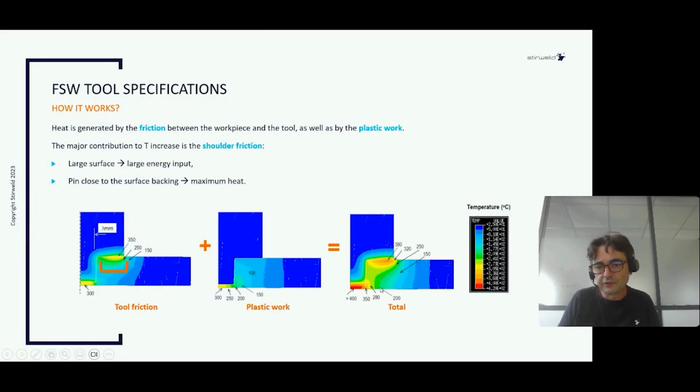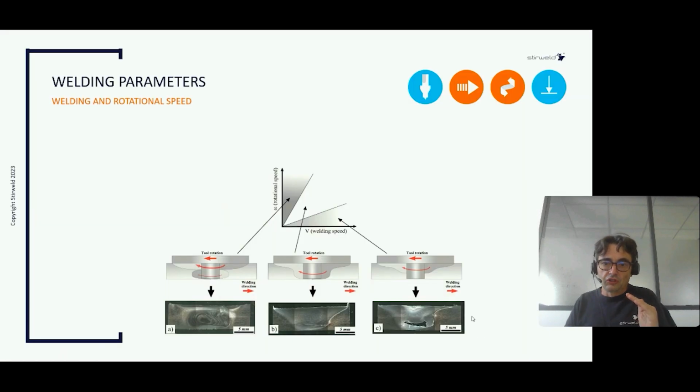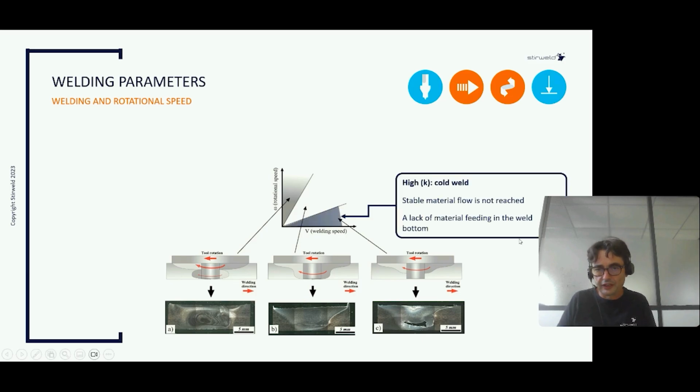If I go back here, it appears just above, not under the pin, and that's where we have the lowest temperature. If the temperature is too low, generally under 350 degrees C, the material is not soft enough to be stirred by the pin. The material is too hard, so the pin cannot mix it, and that's why we have this continuous void. So that is the cold weld.